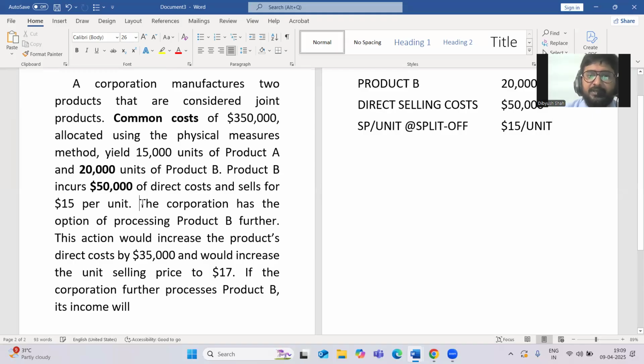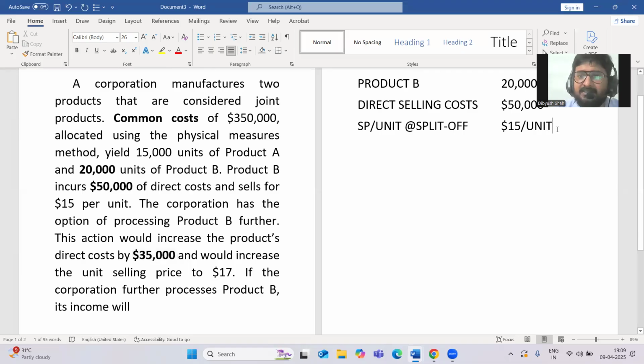Now read from here. The corporation has the option of processing product B further. Now comes the option that I can process this product further. This action would increase the product's direct cost by $35,000.